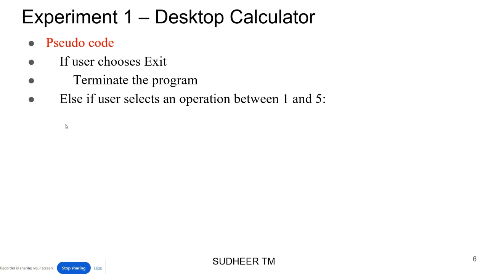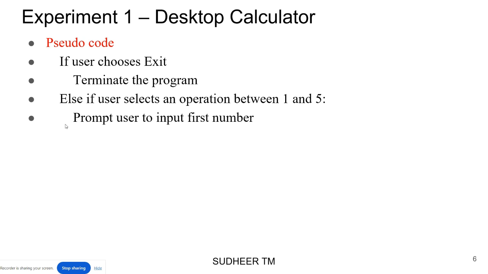So we need to make sure that the user is clicking 1 to 5 for performing the operation. So we need to check from the program that the user is prompting from 1 to 5.